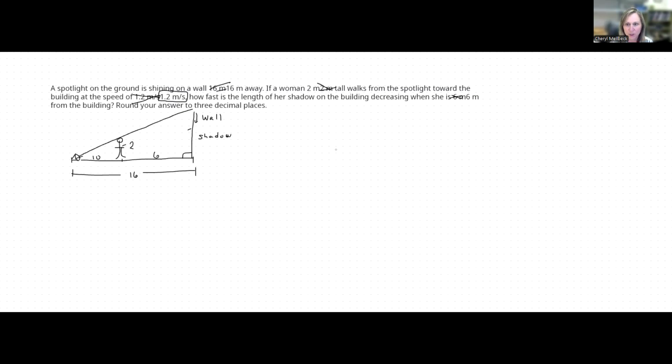When you were in geometry, you learned that if triangles are similar, if I call this triangle ABC, my big triangle, and my smaller triangle D and E, we'd say that ABC would be similar to triangle ADE.